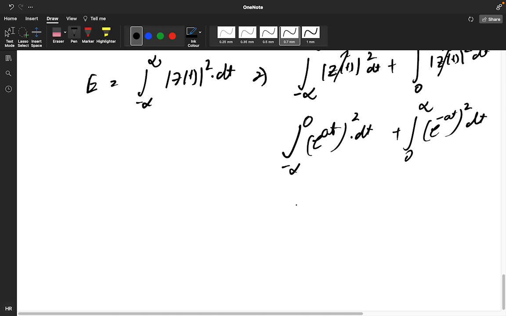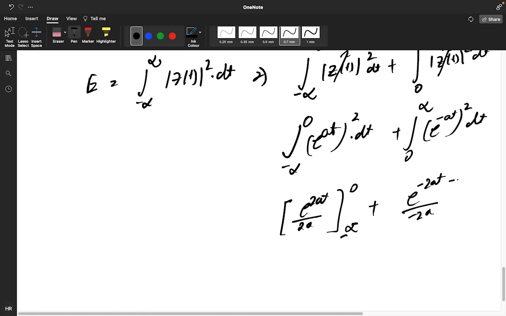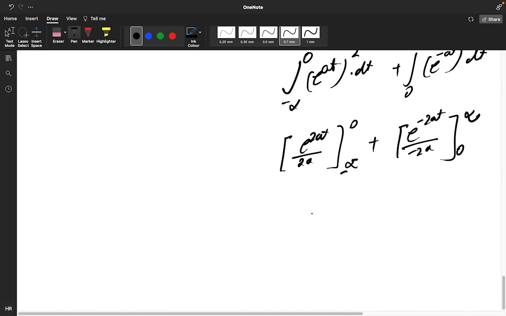So if you solve it, what will you get? E power 2at divided by 2a from 0 to minus infinity, plus e power minus 2at divided by minus 2a from 0 to infinity. If you substitute the value, you get 1 by 2a here and 1 by 2a here. What value are you getting? 1 upon a.